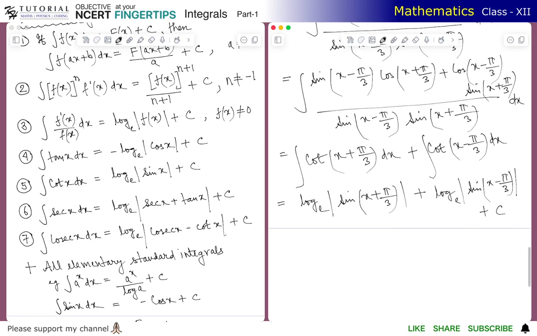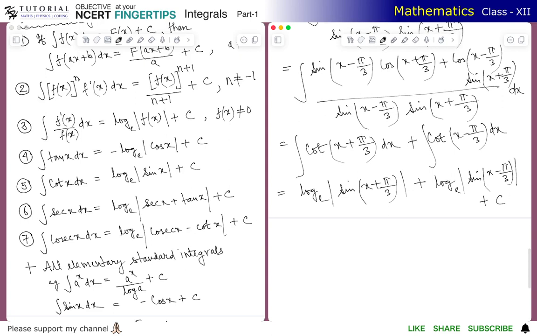Okay, fine. Now we can also merge the two log terms into a single log term with sin(x + pi/3) and sin(x - pi/3).